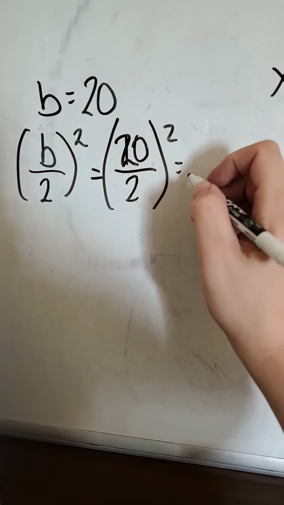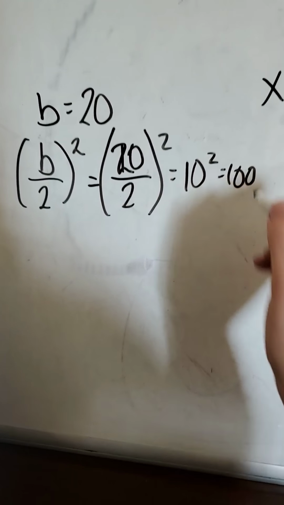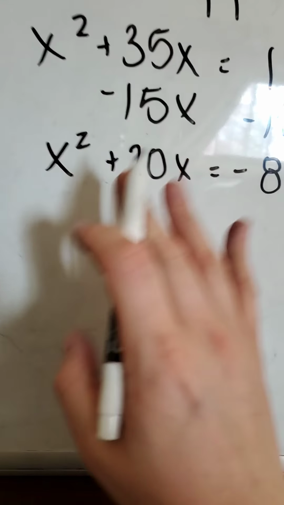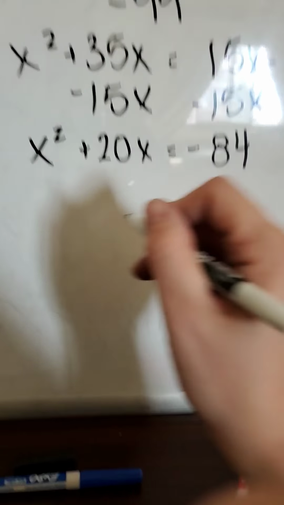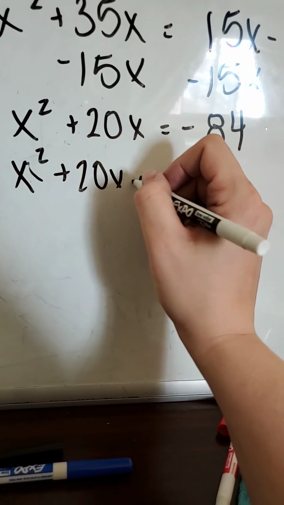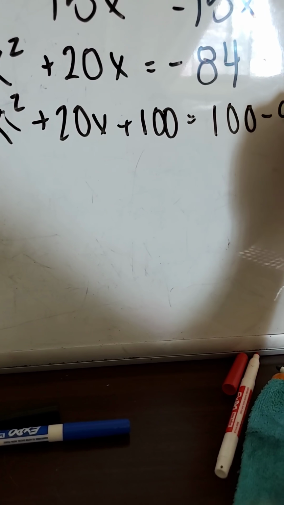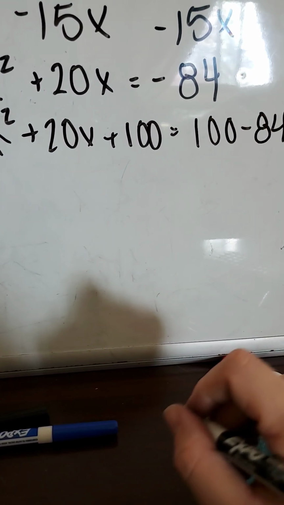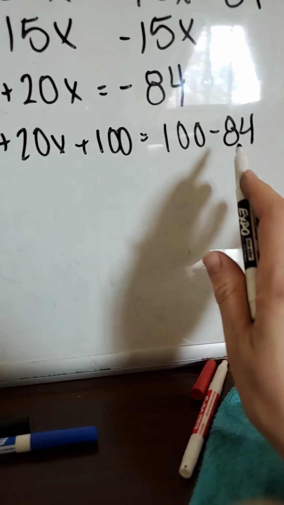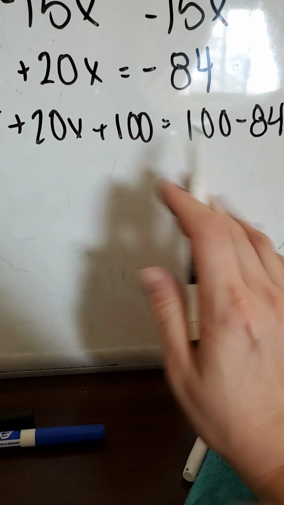So 20 divided by 2 is 10, squared is 100. So that's what I'm adding to both sides. Remember, I have to add it to both or I'm completely changing this equation. So I get x squared plus 20x plus 100 equals 100 minus 84. I added 100 to both sides. I could have written negative 84 plus 100, but I didn't have to. This is perfectly acceptable. It's still a positive 100.